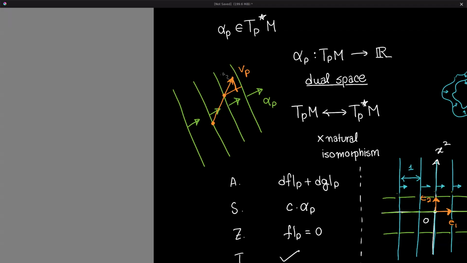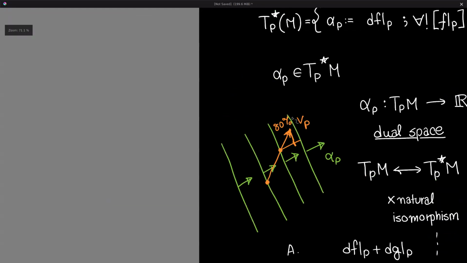Let's say this is about 80%, for the sake of argument. Then this would return 1.8. That's the real number you get from applying this alpha p on this vector VP.